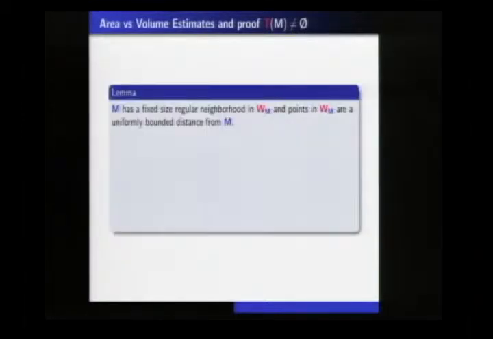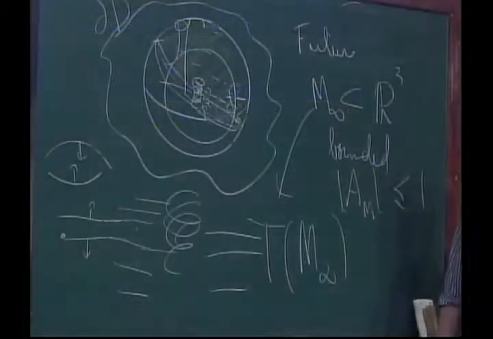All right. Okay, so the first key thing is to get a fixed size neighborhood on the mean convex side. So for example, Harold and I did this many years ago. If you have a bounded second fundamental form, minimal is hard, but constant mean curvature 1, then it's relatively easy to see that on the mean convex side of the surface, there is a regular neighborhood.